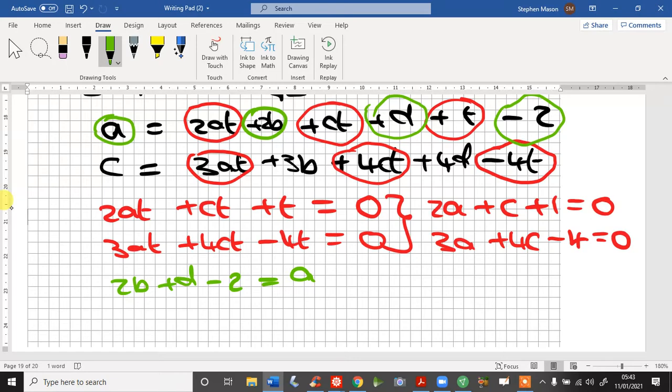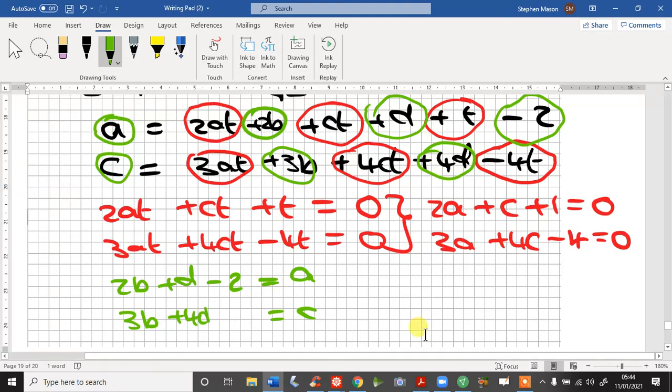And then underneath we've got c, 3b and 4d. So we'll put the c over here, and we've got 3b plus 4d and that's it.